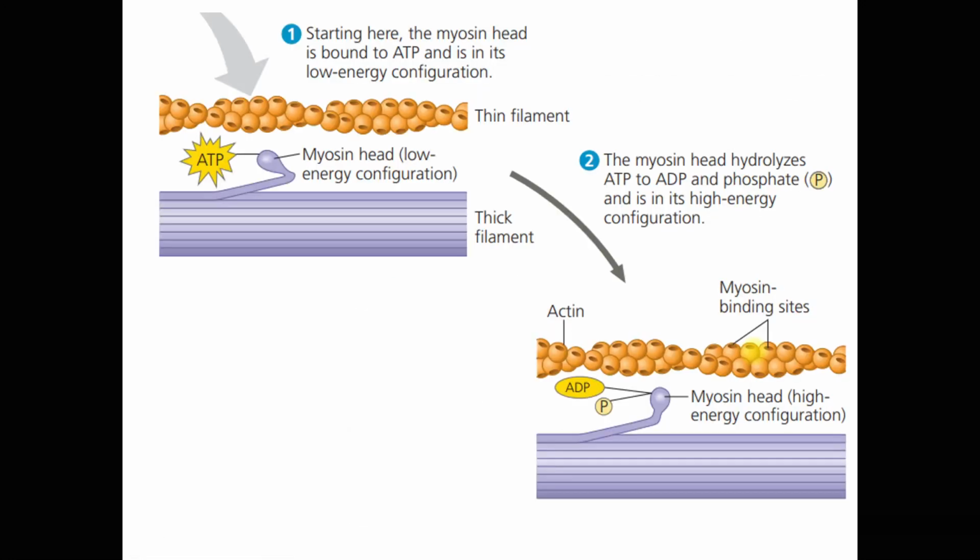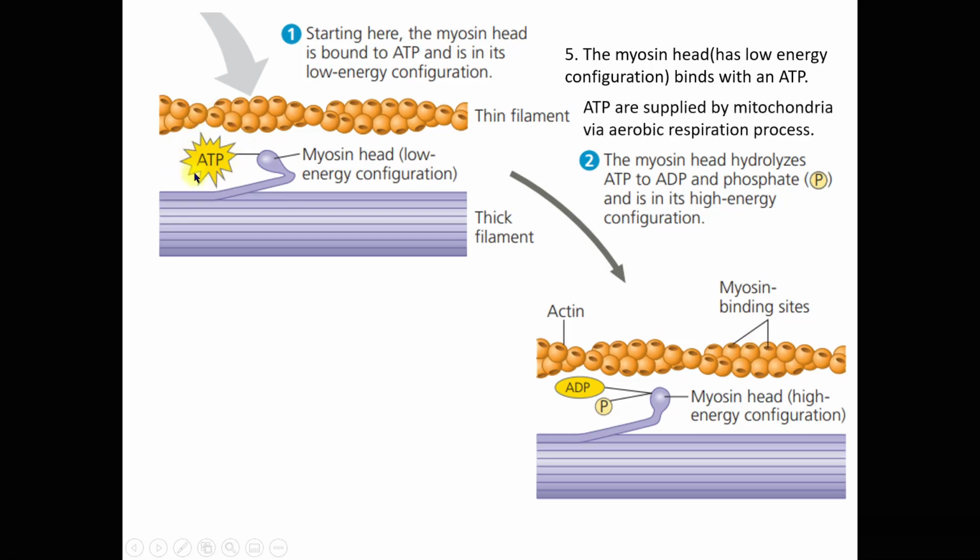Next, what happens after that? The myosin head, which is in low energy configuration, will bind with an ATP. You can see here this myosin head will bind to an ATP. Now this ATP is supplied by mitochondria via aerobic respiration process.